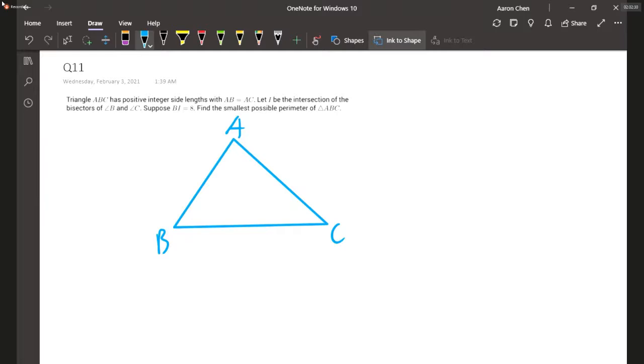And so let I be the intersection of the angle bisectors. And so now let's suppose that BI is equal to 8. And clearly CI and BI are equal to each other because the whole diagram is symmetric across AI. And so you want to find the smallest possible perimeter of triangle ABC.